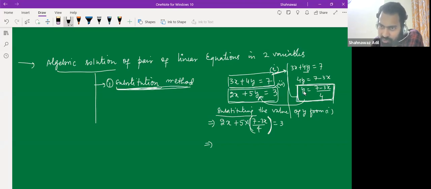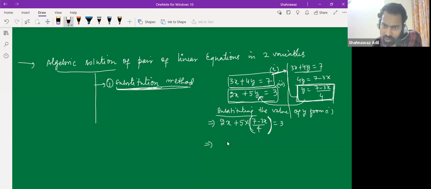And then I substitute the value of y in the second equation. So 2x plus 5 times the value of y that I calculated from the first equation, equal to 3, right?